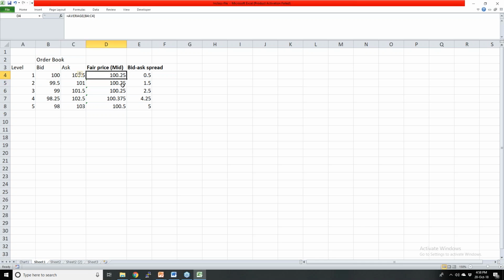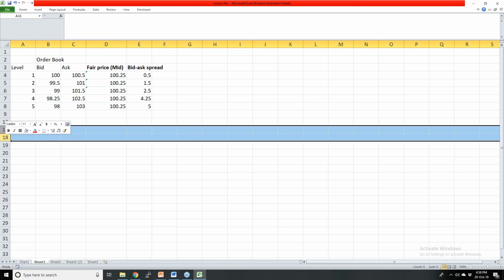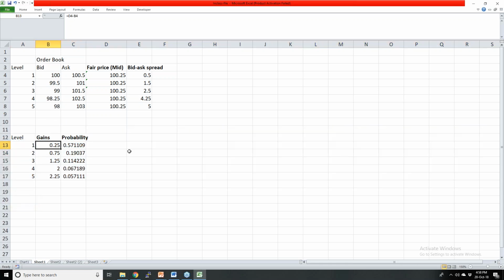So this is the mid. The mid won't change, obviously, so the fair price does not change. If you get hit at level 1, your gain is 0.25.